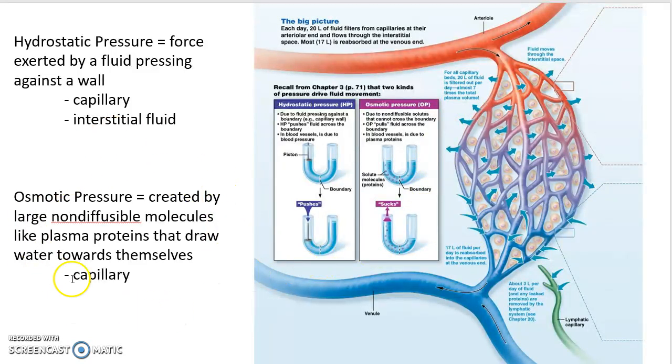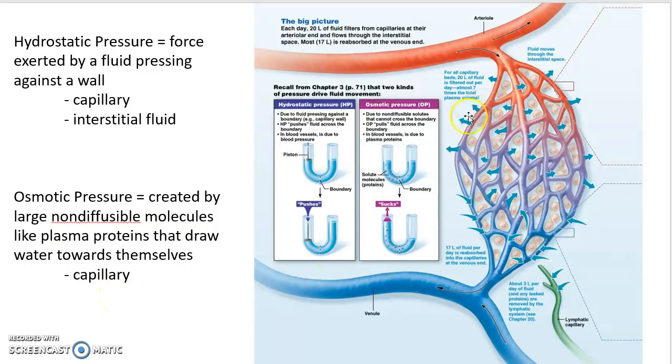Osmotic pressure is caused by large non-diffusible molecules. The most important ones that we're going to talk about are plasma proteins. We call the osmotic pressure almost like a pull, because non-diffusible molecules like plasma proteins pull water towards themselves. They have osmotic power. Because the plasma proteins never leave the bloodstream, we only have capillary osmotic pressure to worry about.